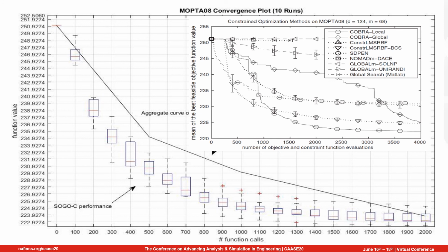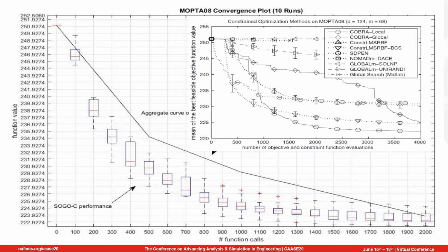The x-axis is the number of function calls or function evaluations. The y-axis is the value of the objective. And this solid line here is the aggregate curve of the best points from the smaller graph, which is published by Regis.